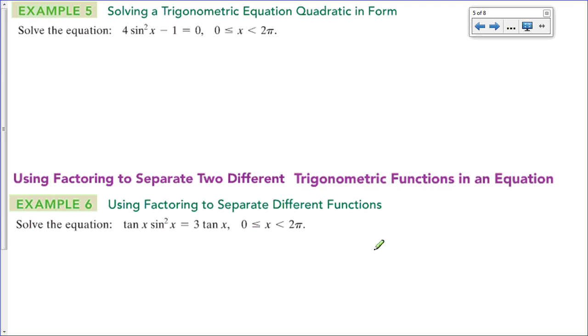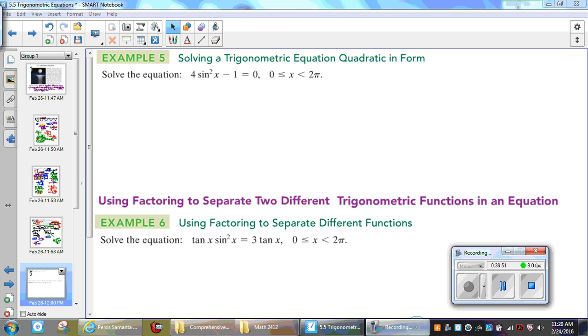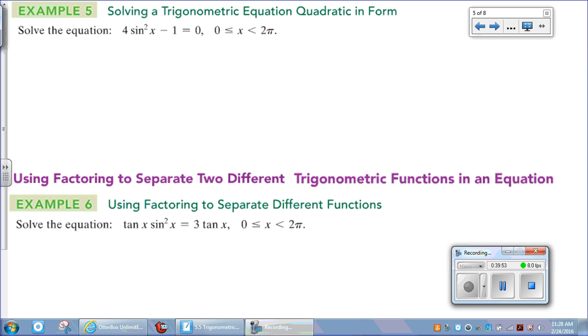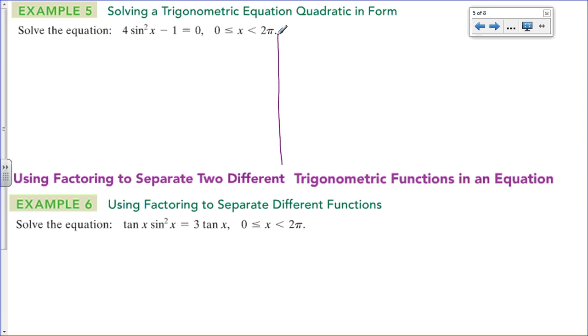Okay. So let's move on to example 5. I'm going to show you 2 ways to solve this one. One way is by factoring as the difference of squares, okay? And then you guys can choose whichever way you prefer.